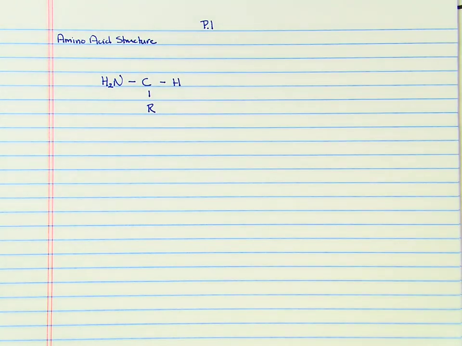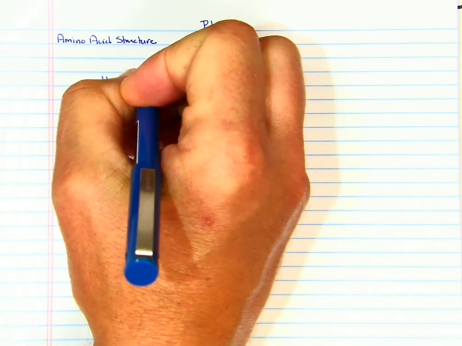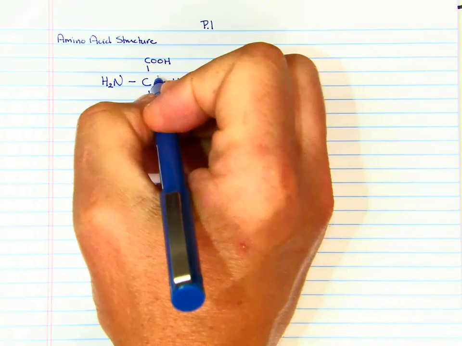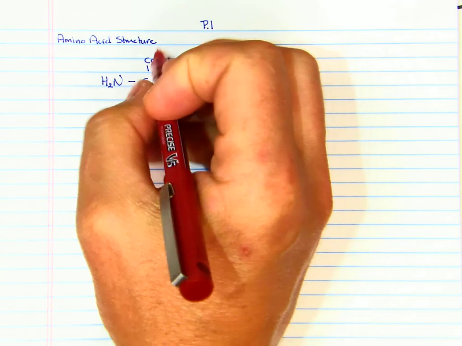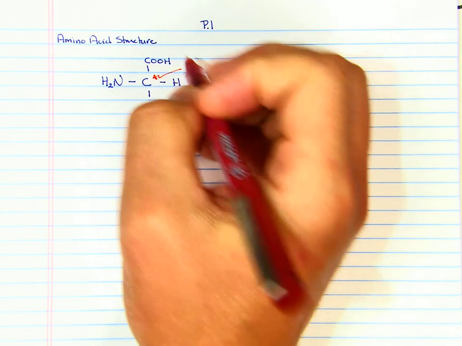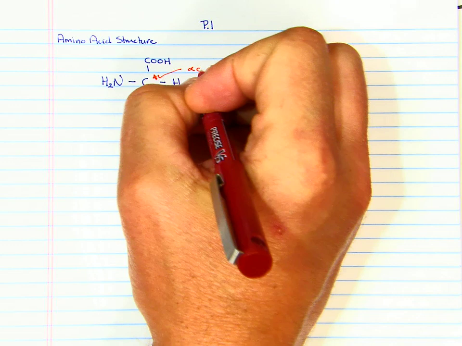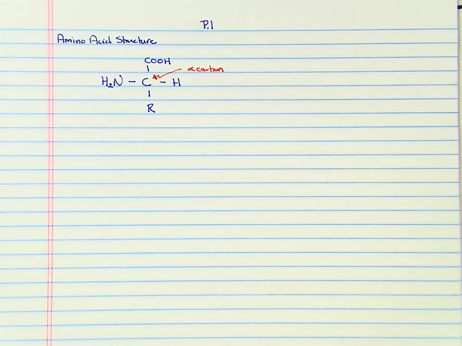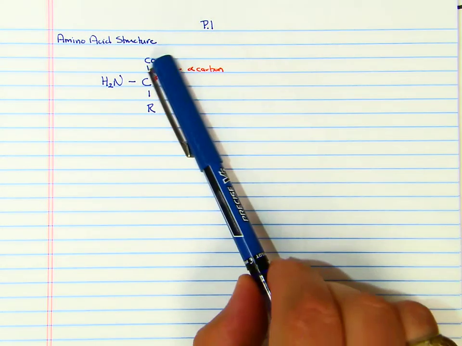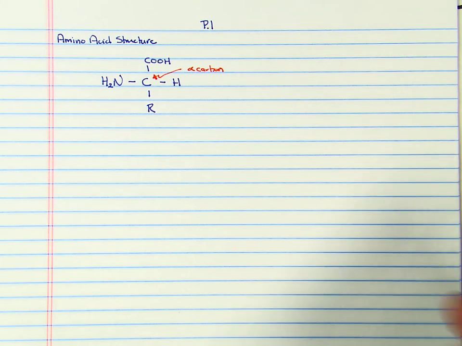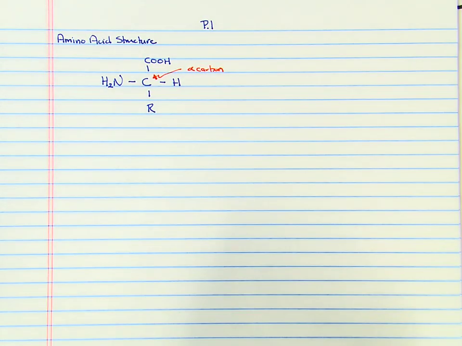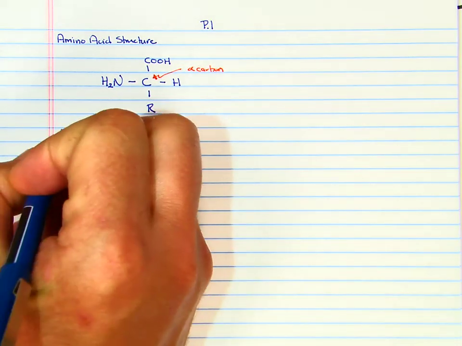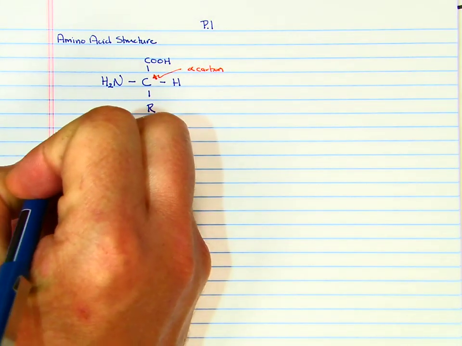Each amino acid has a specific R group, and then we have a carboxyl group. Okay, so that's the basic structure of an amino acid: carboxylic acid, amine group, R group, and a hydrogen. Make sure you keep in mind that all the amino acids for sure have an amine group and a carboxylic acid group.